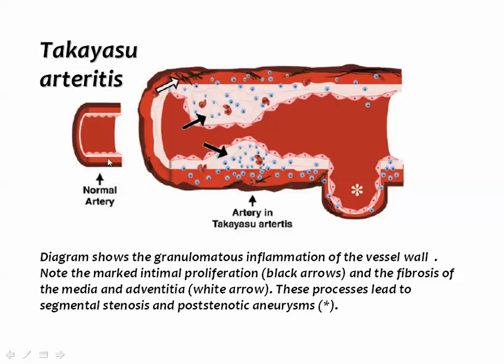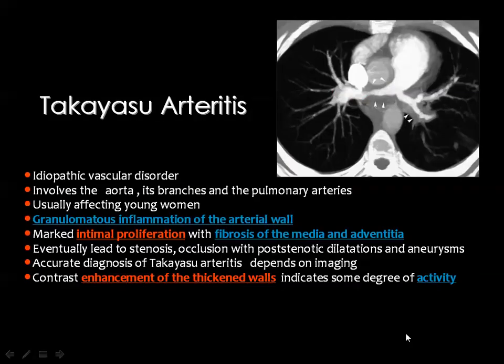In Takayasu arteritis, there is granulomatous inflammation of the vessel wall, leading to marked intimal proliferation and fibrosis, and this will lead to considerable narrowing and stenosis of the vessel, and also you may get post-stenotic dilatation in some situations. Takayasu arteritis is one of the idiopathic vascular disorders.